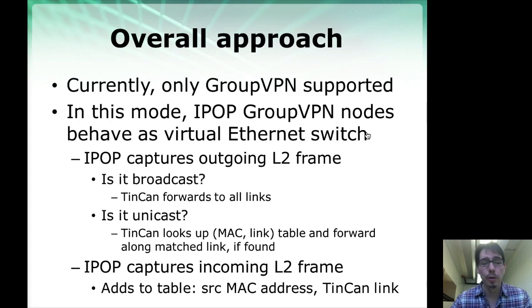And now we also need to worry about broadcasts. So IPOP will capture an L2 frame and look at whether it's broadcast or not. If it's broadcast, it forwards to all its local links. So currently this approach assumes the proactive mode in GroupVPN as described in the previous slide. It needs to be extended to support a general topology, but that's not yet in place.